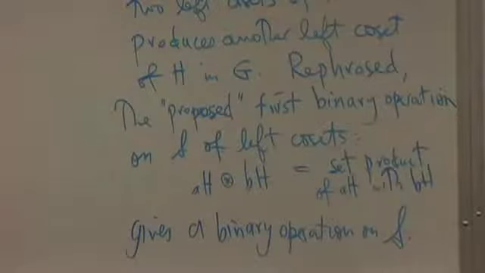All right, here's the proof. In fact, here's what we're going to show. We show that in this case, when we compute AH, multiply everything in there with BH, we actually get that left coset.